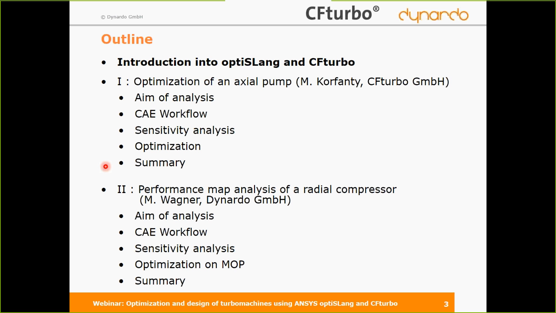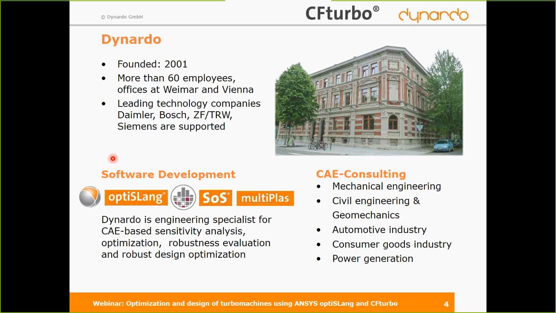So now let's directly start with the introduction into Dynardo and optiSLang. Dynardo was founded in 2001 and has now more than 60 employees. It has two offices in Weimar and in Vienna. So here you can see the office in Weimar, and it supports companies with leading technologies like Daimler, Bosch, Siemens, and so on.